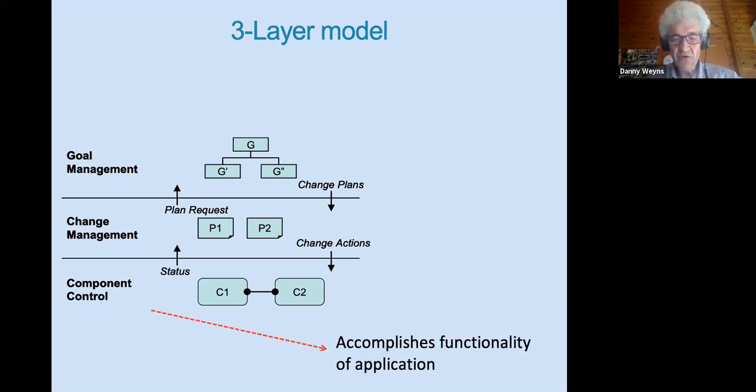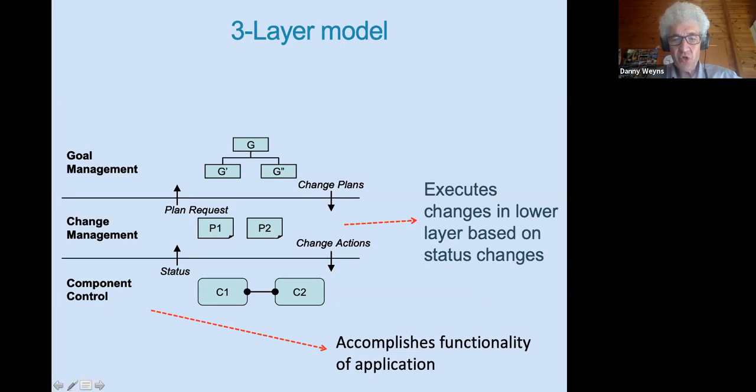So basically the bottom layer is component control, which is basically the managed system. So it accomplishes the functionality of the application. And you see here Darwin notation for components and their connections. The middle layer executes changes in the underlying layer based on status reports it gets from the underlying layer.